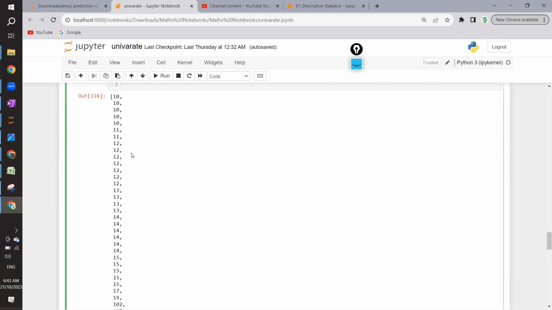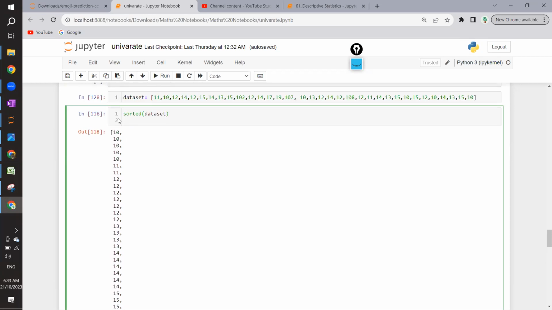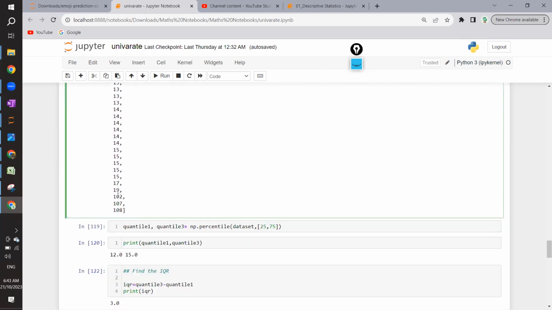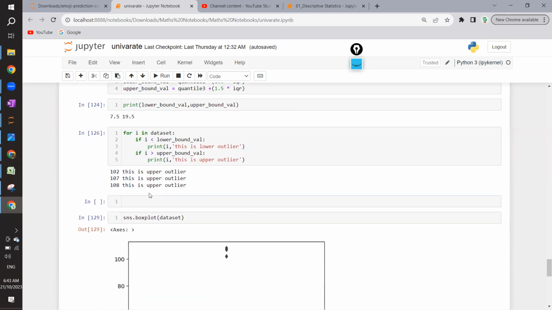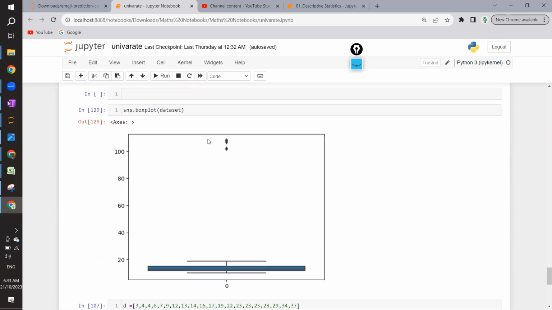Values up to 7.5 are considered perfectly fine, not outliers, and also up to 19.5. We also saw how a box plot clearly helps us visualize and instantly understand what the outliers are.